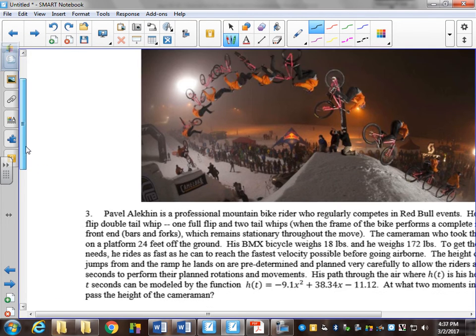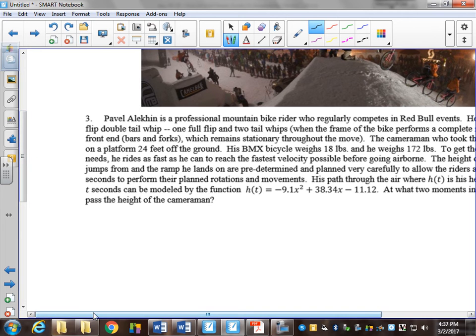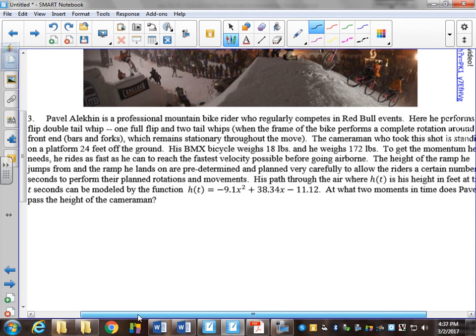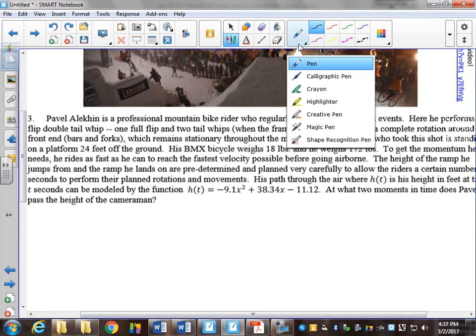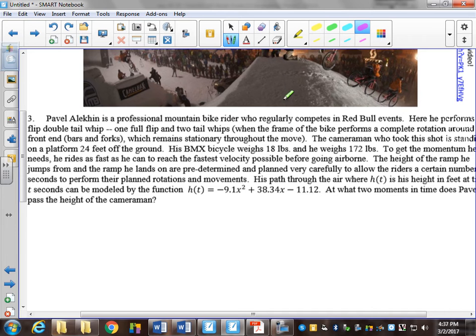Moving on to number 3. Take a minute, read that to yourself. So reading through, we see the word velocity. Therefore, we know this is going to be a velocity problem. We're also given the model. So now all we have to figure out is this h of t.